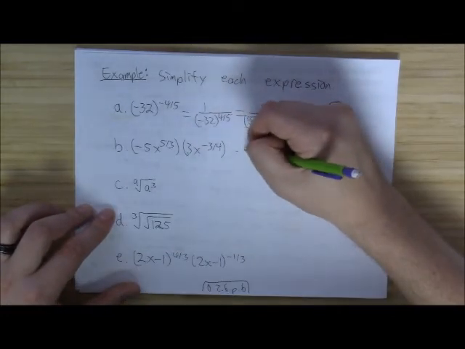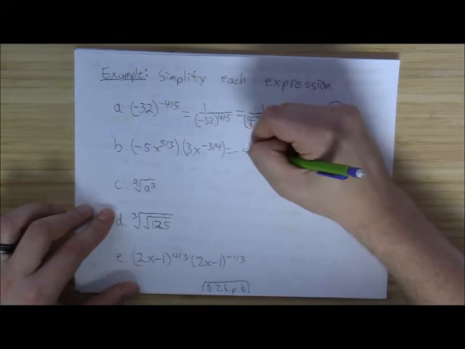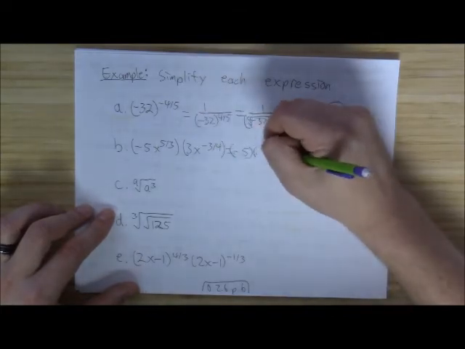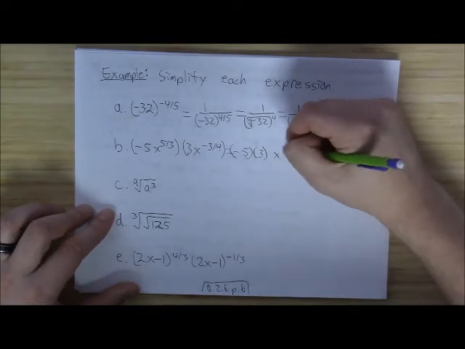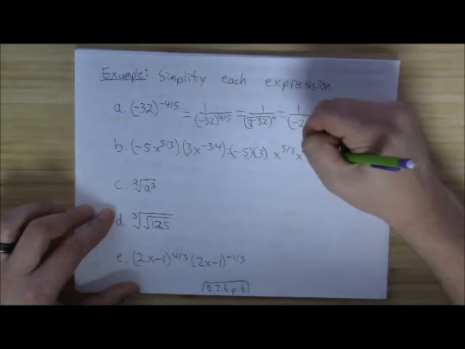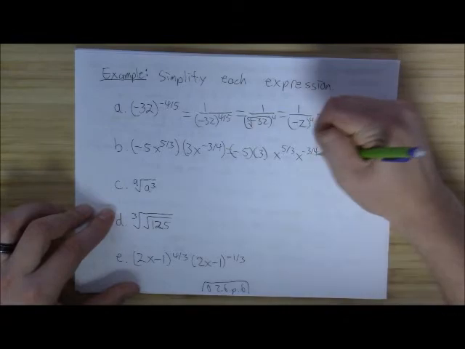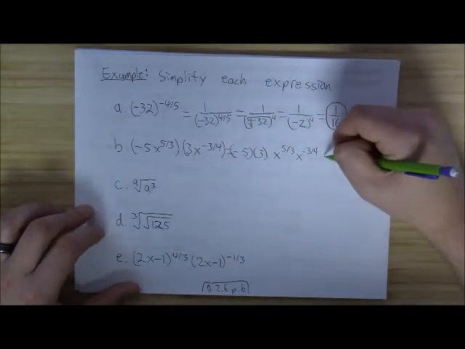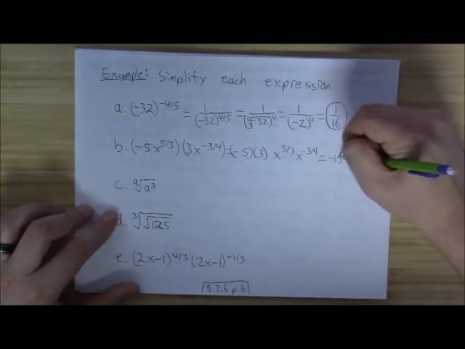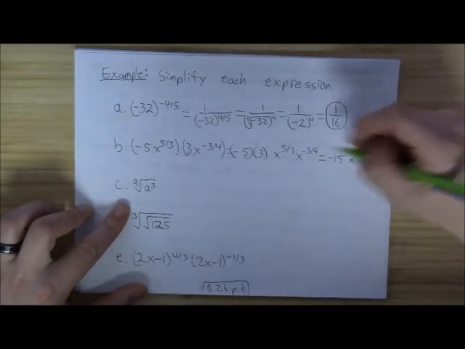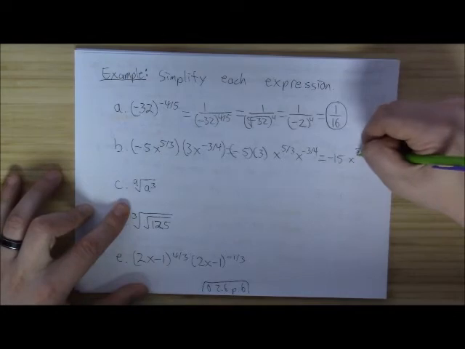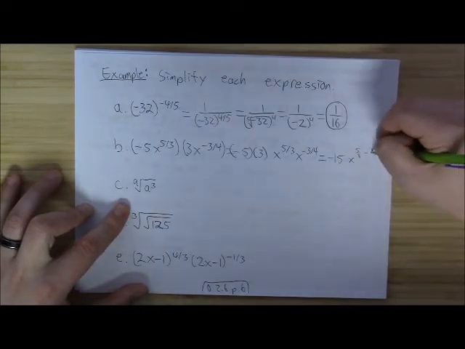Here, this is just like before, namely negative 5 times the 3. Pull both of those out and then group the x's together. And we have negative 5 times 3 times x to the 5/3 times x to the negative 3/4. Well, of course, we can put those together, assuming we can calculate that out. So negative 15, those multiply. Then here, the multiplication is x to the 5/3 minus 3/4.